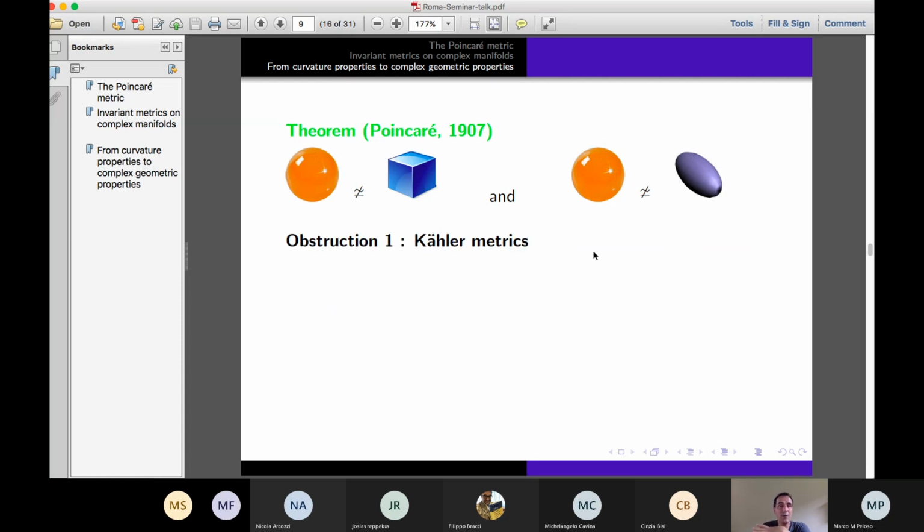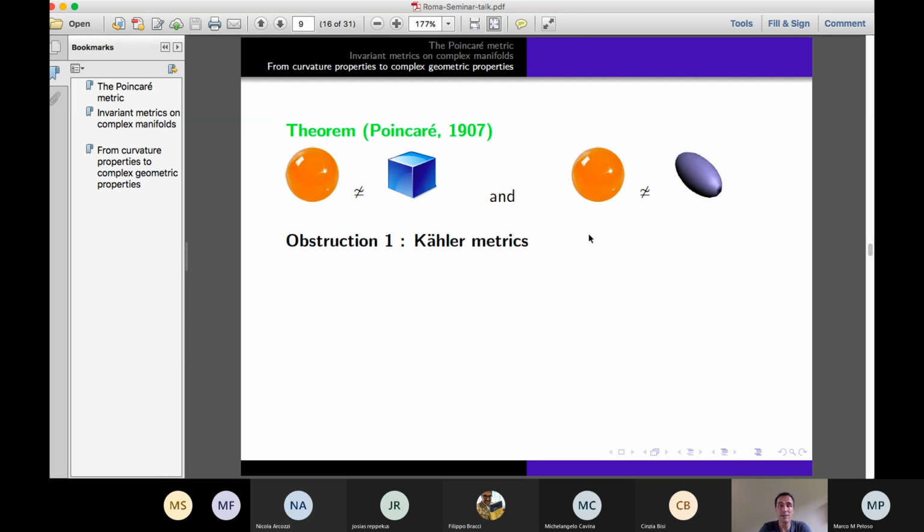As I told you, there was a former proof due to Poincaré, at least for the ball and the polydisk. But keeping in mind what we just said, what can be an obstruction? The first obstruction comes from Kähler metrics. If you look at the Kähler metrics on the ball, they are all equal, and you can prove that it's negatively pinched, just because the holomorphic sectional curvature is constant here.